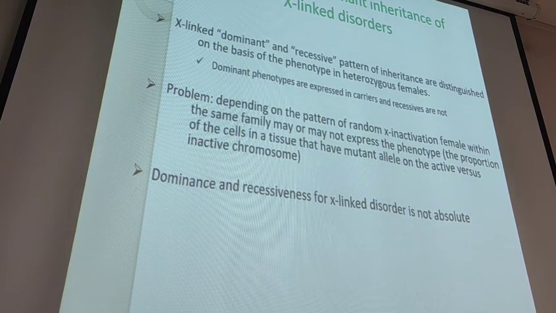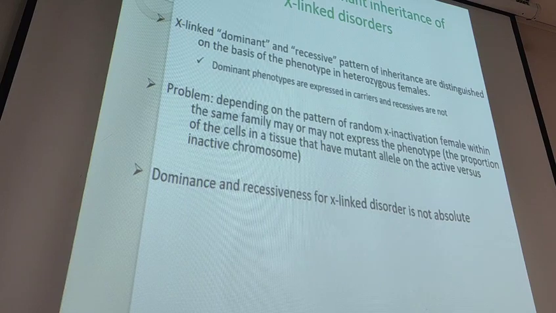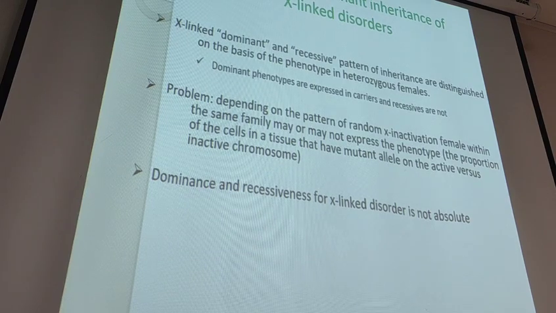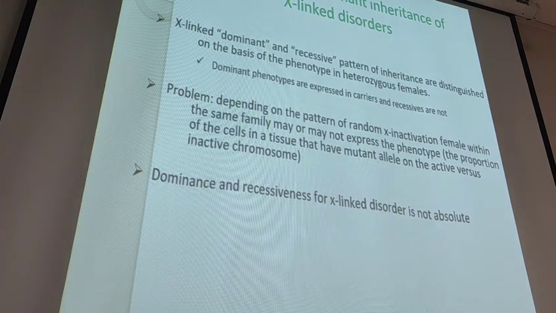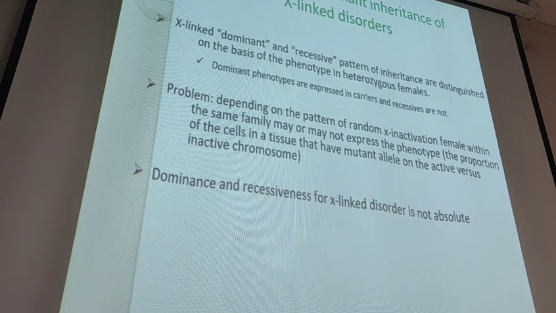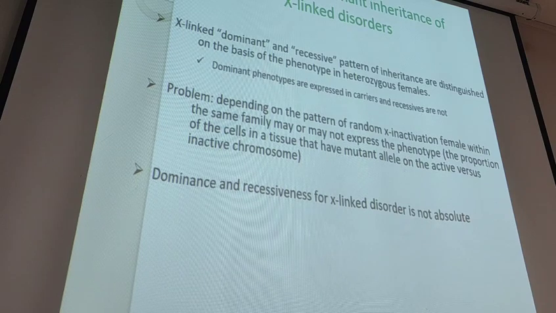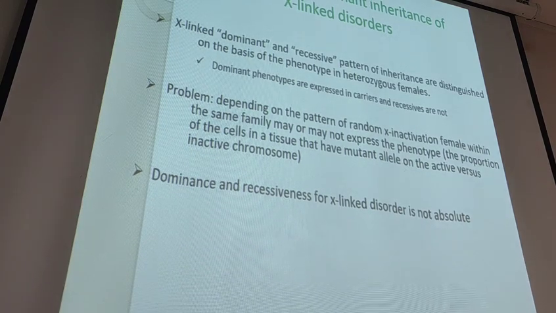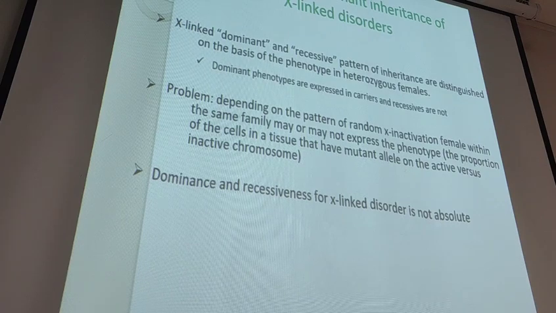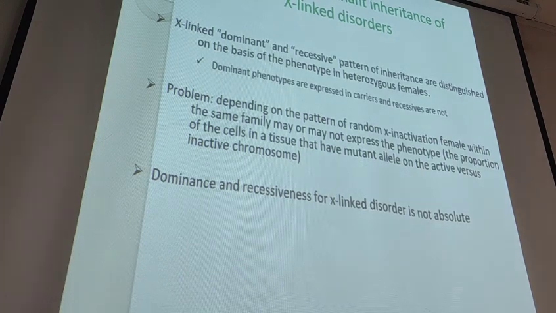In some other individual in the family, normal X is inactivated, then they will have the phenotype. And in some individual, maybe in one part of the cells mutated X is active, in some other part of the tissue, normal X is inactivated, so they will have a mixture of the mutated and normal phenotype.